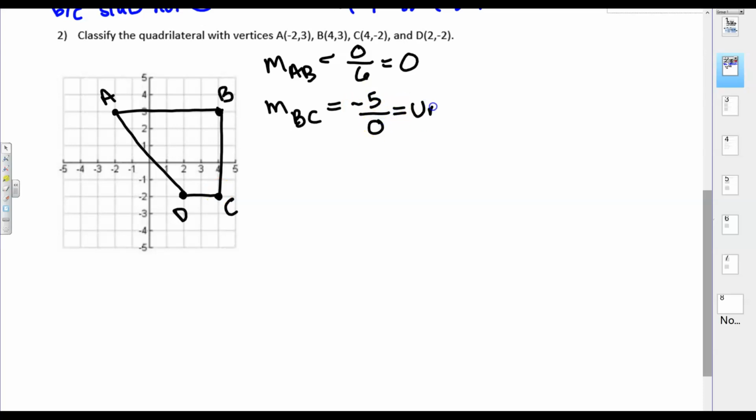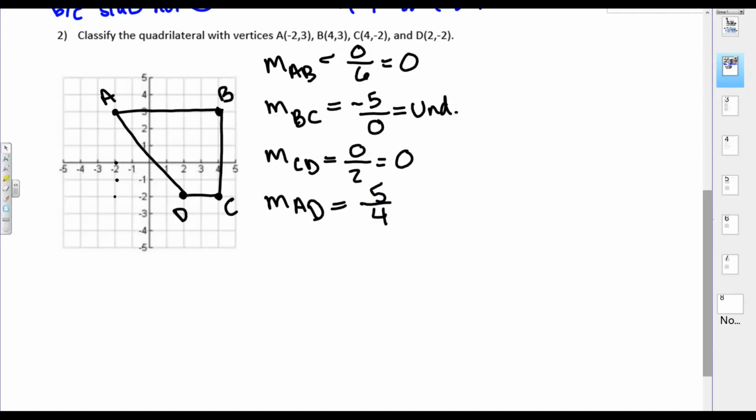Can't divide by 0. That's undefined. And then my slope of CD, there's a rise of 0, a run of 2, so it's 0. And then my slope of AD, when I go down 1, 2, 3, 4, 5, and then I go over 1, 2, 3, 4, I get 5/4.